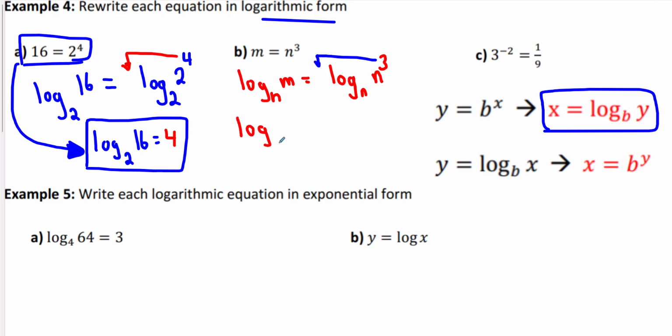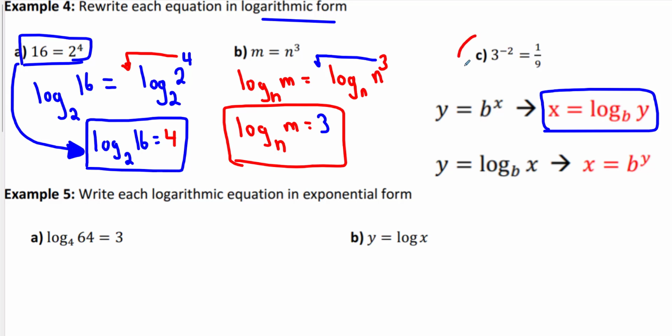Hopefully you can see what's going to happen. It's going to be 3 log base n of n. The reason we purposely choose log base n is because we want this part to cancel out. So the answer just becomes, exactly. There you go, that's how you do it.